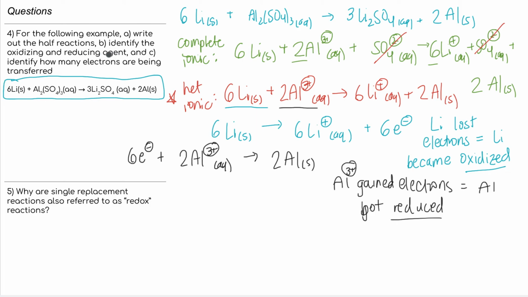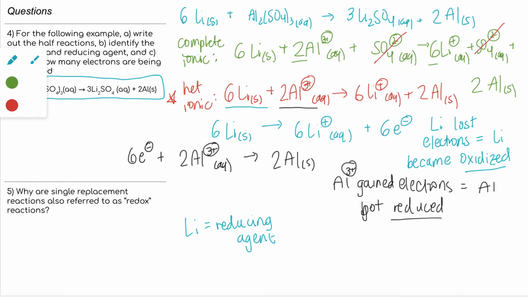Technically, in question B, I'm asking you to identify the oxidizing and reducing agents. So it's kind of opposite here. If lithium became oxidized, that means that it was doing the reducing. So the thing that became oxidized is the thing that we call the reducing agent.